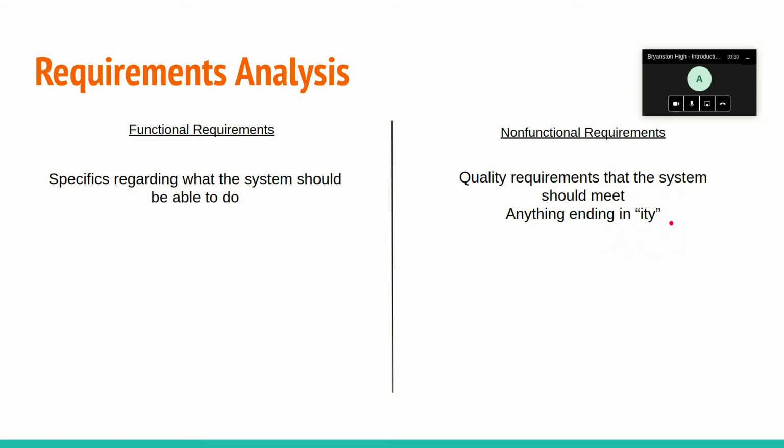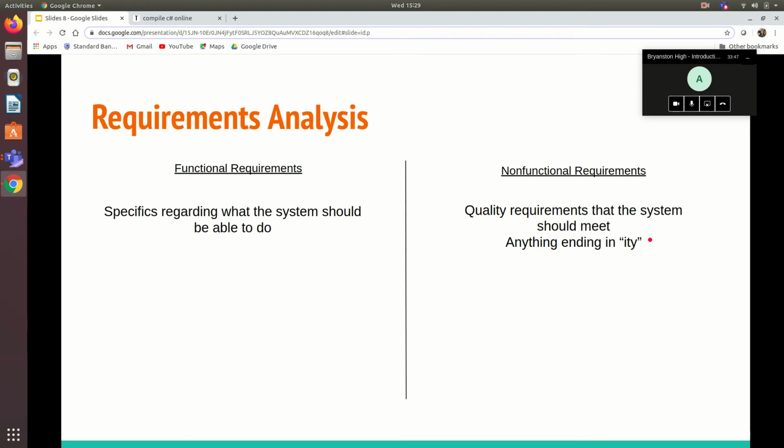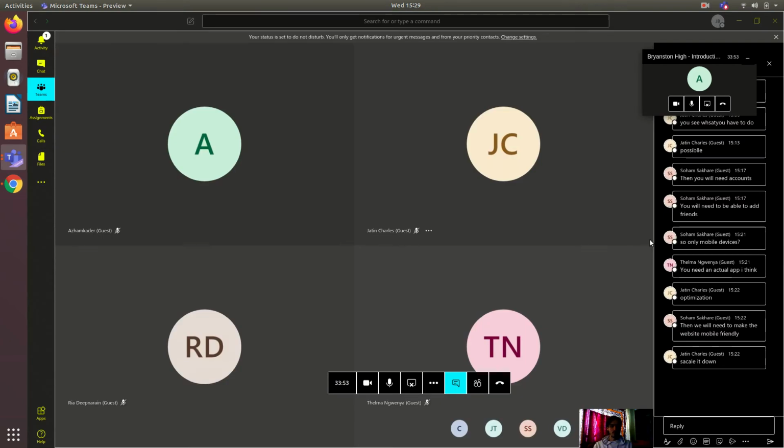It's a pretty silly rule, but it is pretty true. Not all non-functional requirements end in ity, but most of them do. Okay, right? And you can definitely reword them. Like affordability is a non-functional requirement. Scalability, security, maintainability, testability, and you could go on. I'm sure you guys could think of many examples.